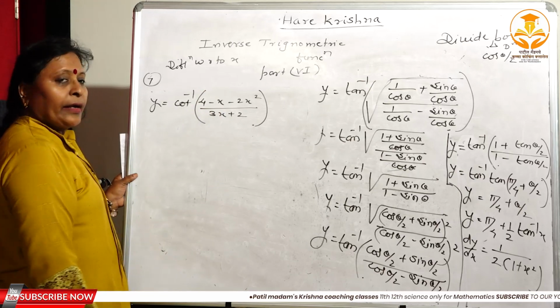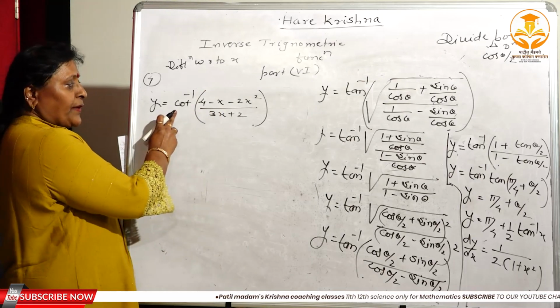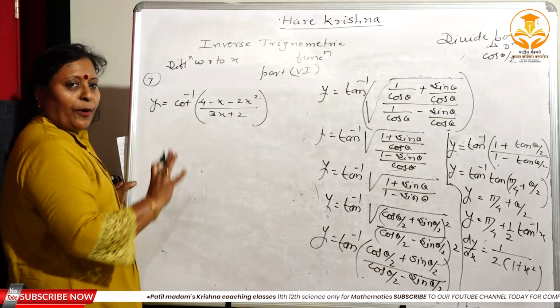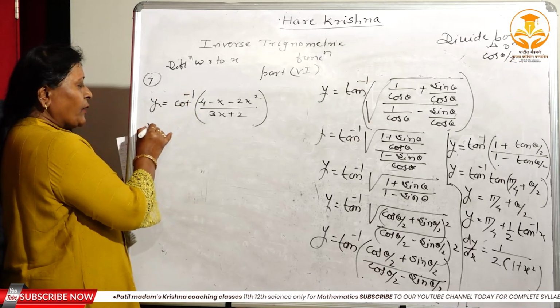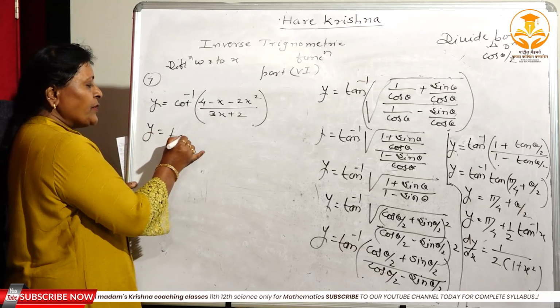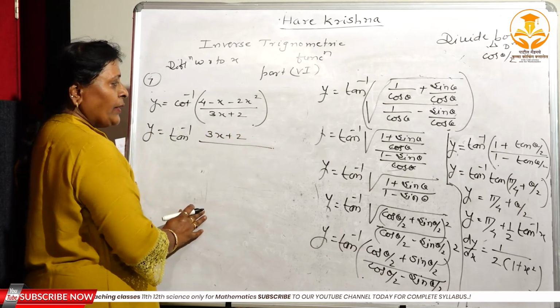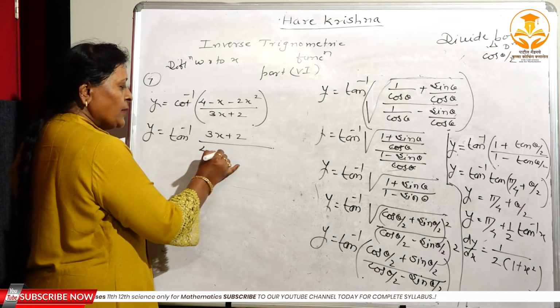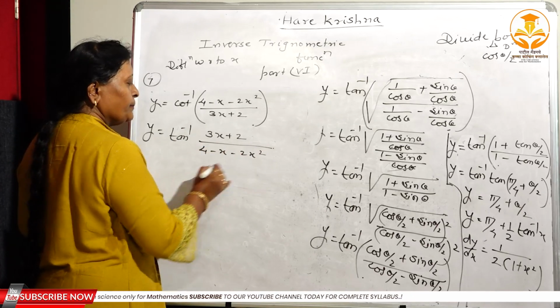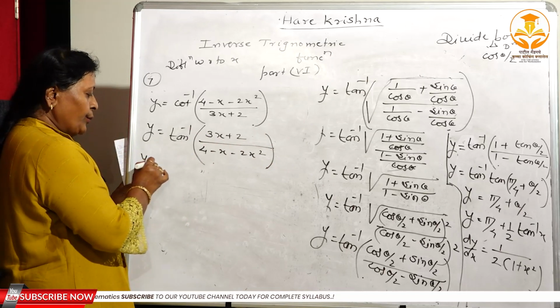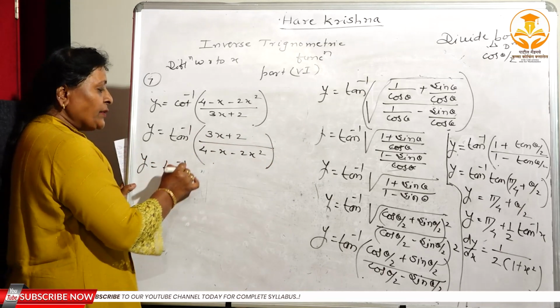Again, very unusual. First, your duty is to convert cot in the form of tan. Cot inverse you can convert in the form of tan inverse by taking the reciprocal of the angle, right? Now here 4 minus x minus 2x square, right? Here again, how will you imagine this?